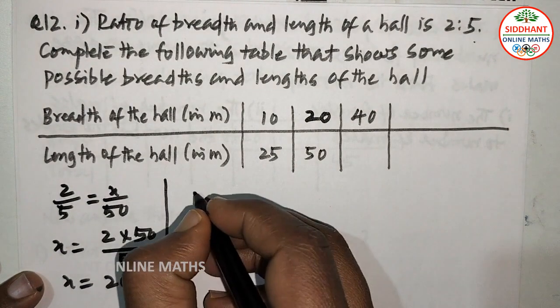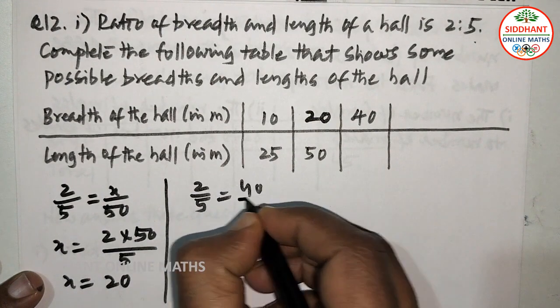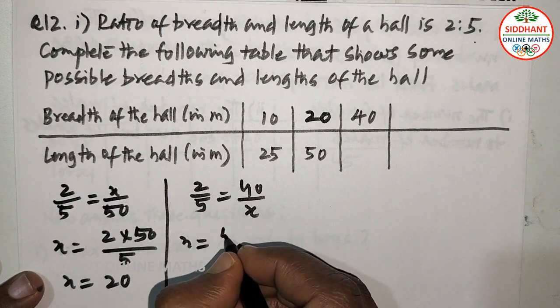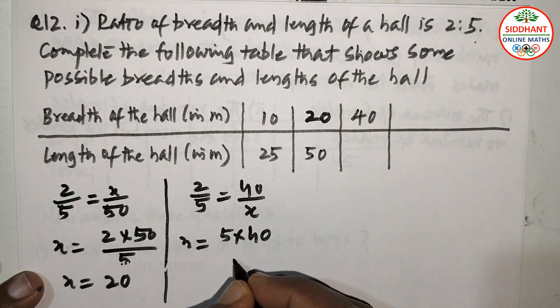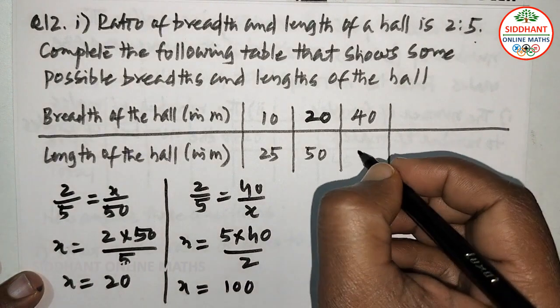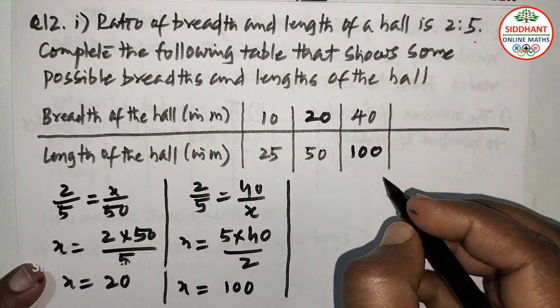In the same way, 2 by 5 is equal to 40 by x. Then x is equal to 5 into 40 by 2. That means x is equal to 100. So here 100. So this is the x.